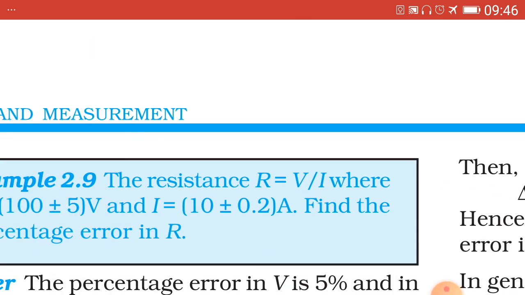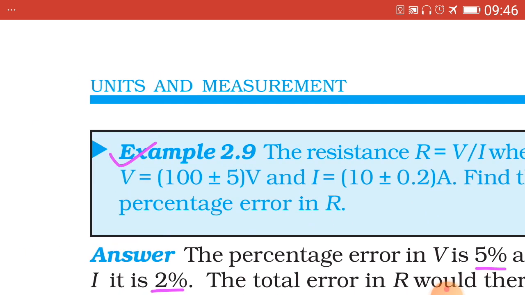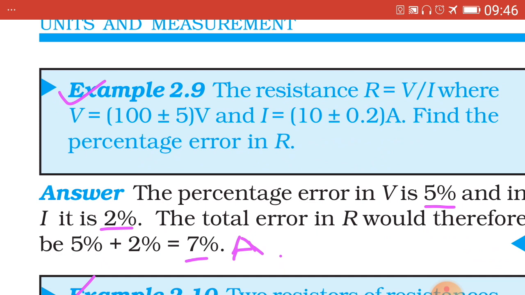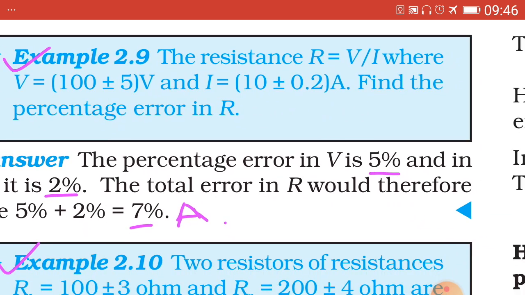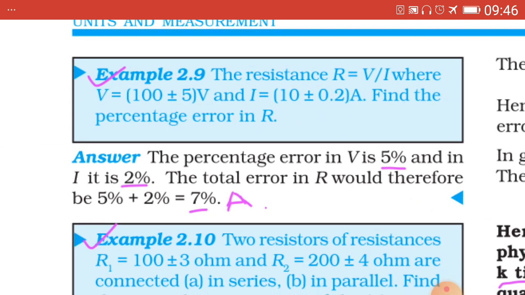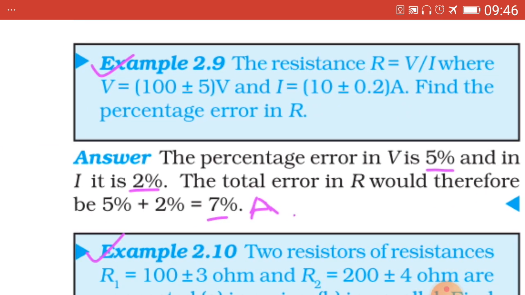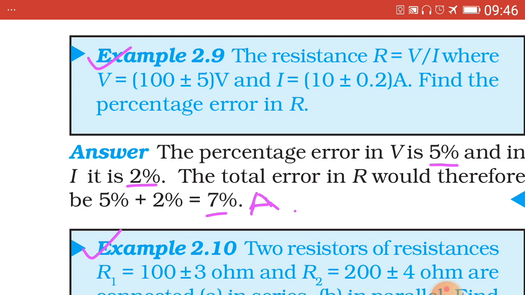Now next example, that is 2.9. The resistance R equal to V upon I, where V equal to 100 plus minus 5 volt and I equal to 10 plus minus 0.2 ampere.